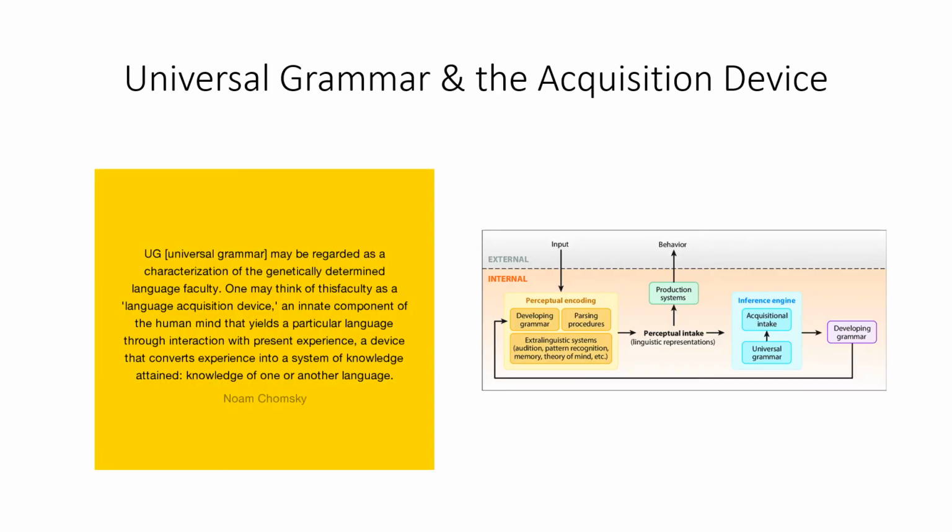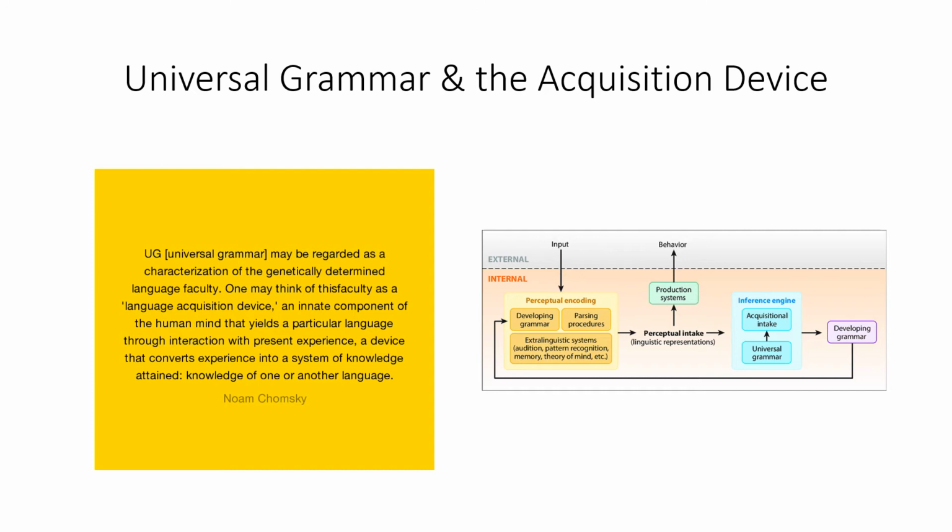So the universal grammar begins with language input. It is analyzed within the universal grammar, and the learner begins to experiment with producing trial utterances to see if they can communicate and get their message across to other parties.